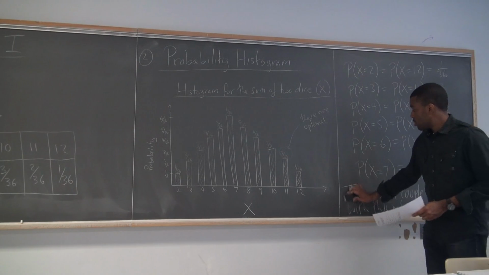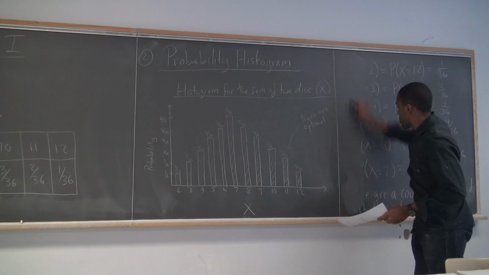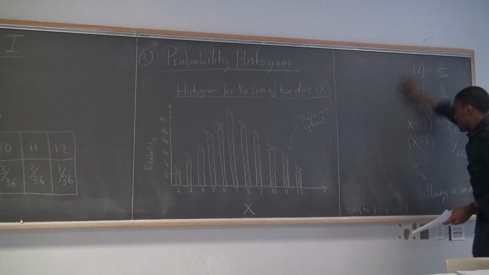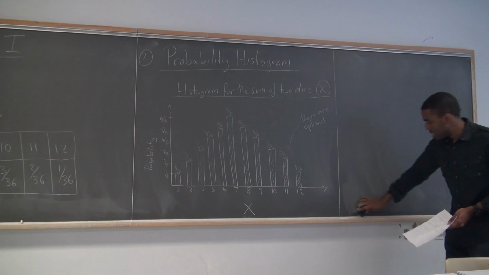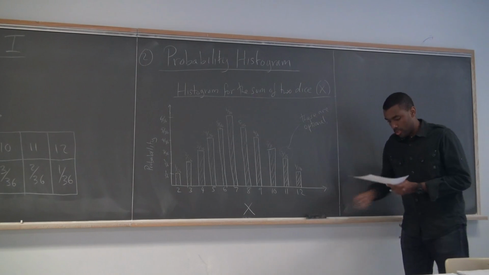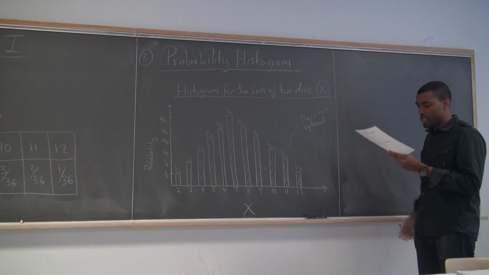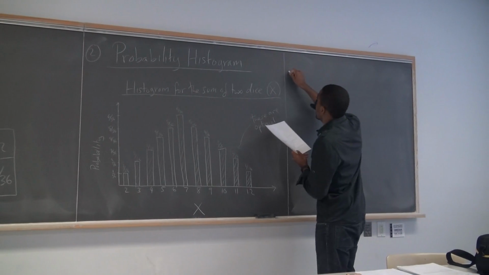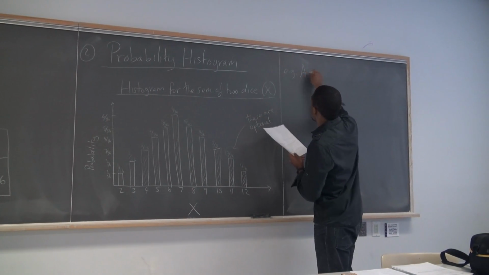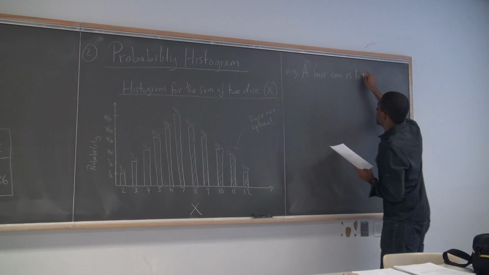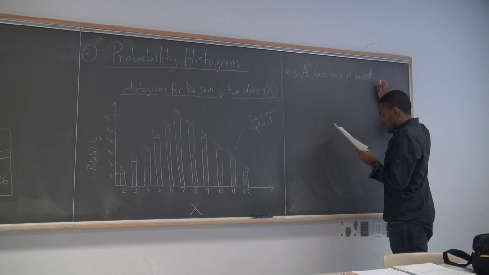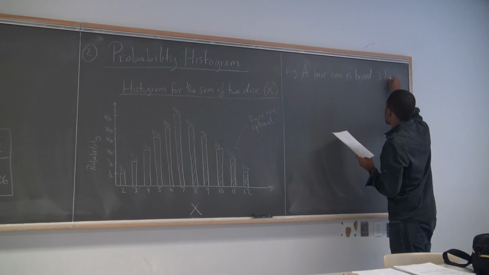So we've been through that example before. Here's another example that is similar to something we've done before. Let's try to rephrase it in this language, because this language is going to be more efficient for us later. A coin is tossed 4 times.